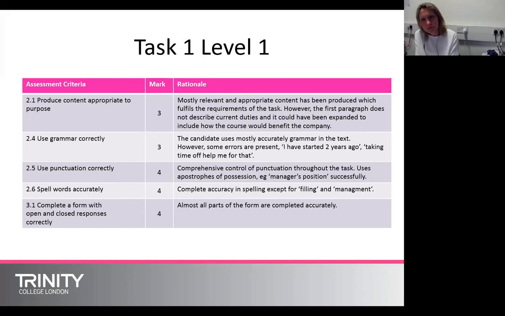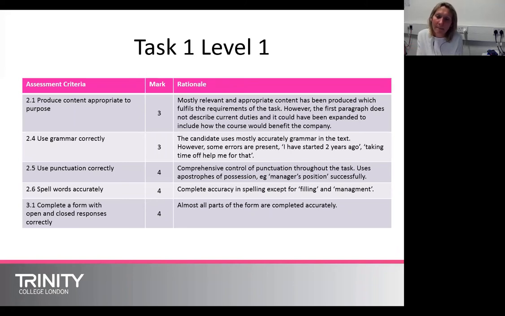There is a wide range of lexis, especially when you look at lexis which is special interest vocabulary that is linked to the course, applying for time off, duties, etc. So these are the special interest lexis in this case.